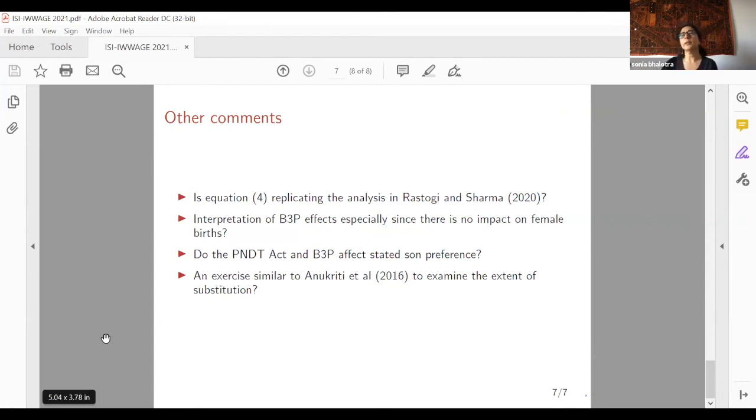So basically bring back your estimates to the baseline rather than to the already interrupted sex ratios in the period when the technology is available.